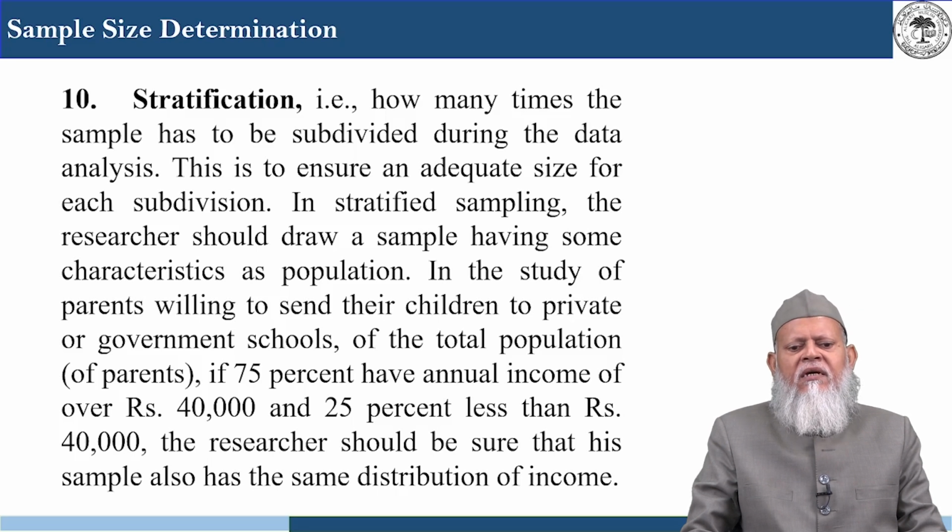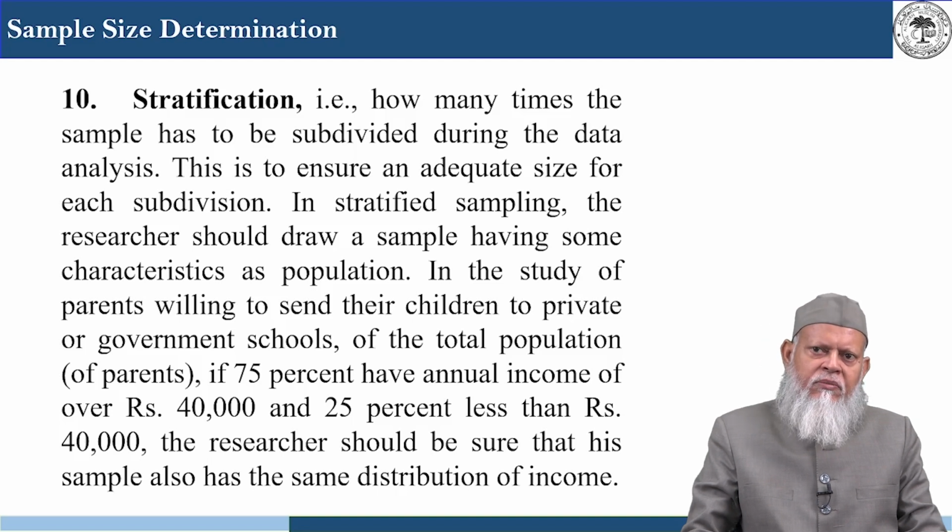So, in the study of parents willing to send their children to private or government schools, if in the total population of parents 75% have an annual income of over 40,000 and 25% less than Rs 40,000, the researcher should be sure that his sample also has the same distribution of income.